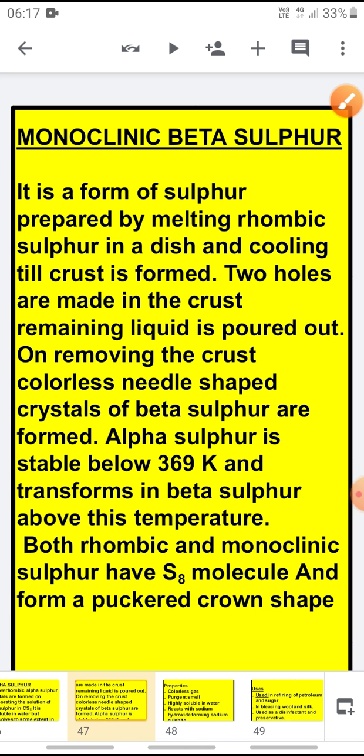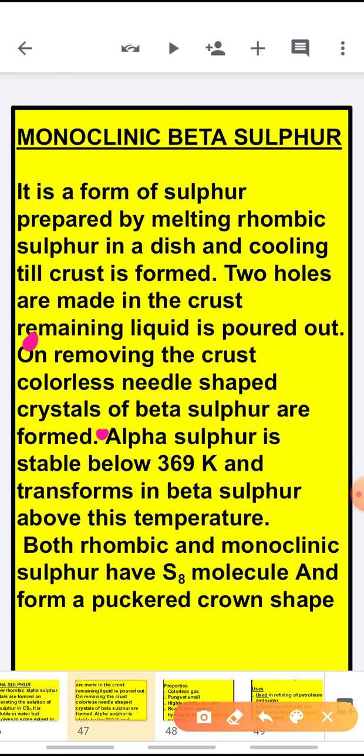Now how is that crown shaped structure? See, 1, 2, 3, 4 and 5 atoms of sulfur are here. Similarly, 1, 2 and 3 atoms of sulfur are here.